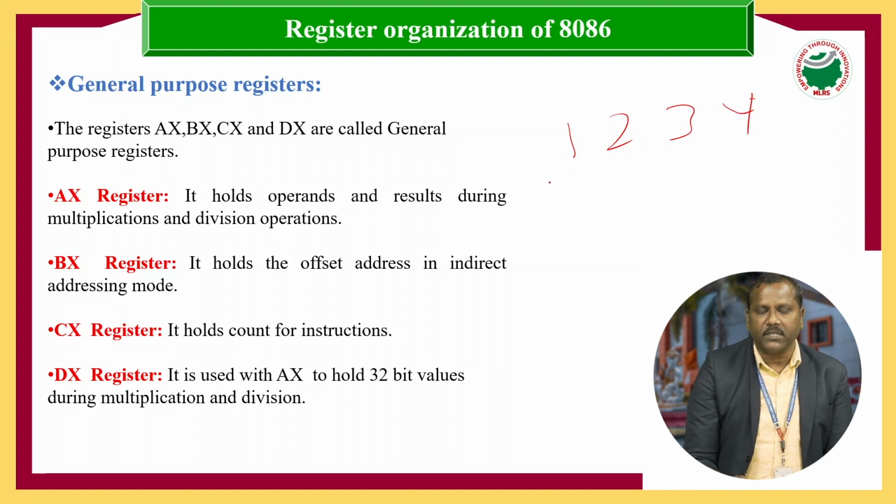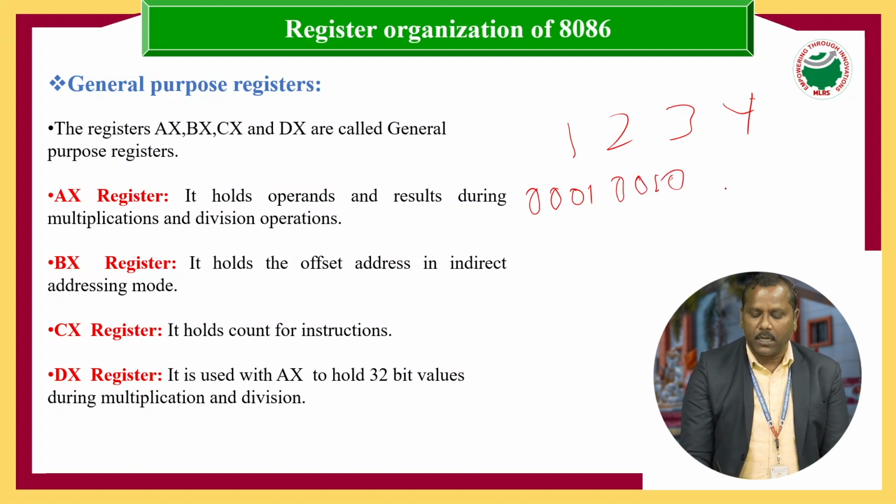In hexadecimal, each digit represents 4 bits. 1 means 0001. 2 means 0010. 3 means 0011. And 4 means 0100. So in binary the data will be stored like this.